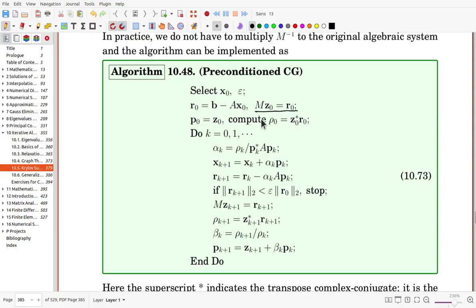Here z is used for the search direction, and rho is computed in this way, with the dot product of z and r, not r only. Everything is the same. The only difference is this one: from r, we get z by solving this system, so it must be easy to solve.